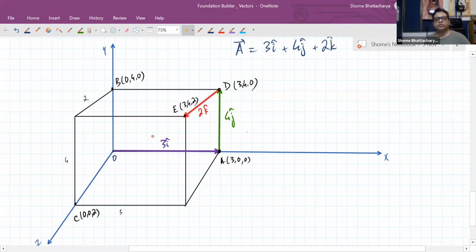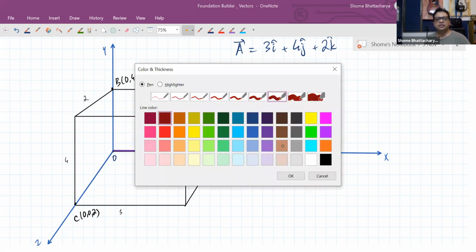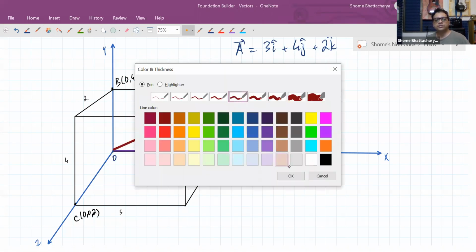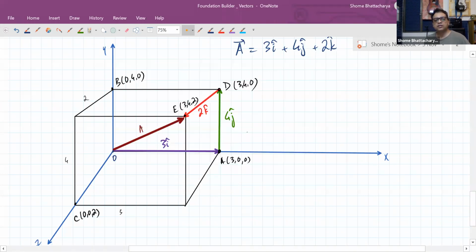So I'm starting from the origin, and after completing the displacement of 3 I cap plus 4 j cap plus 2k cap, where I'm reaching? I'm reaching the point E. So in all of this, what is my resultant vector, which is A, which is the sum of all these three? It is nothing but from my initial point O to my final point E. So this is becoming the vector that I was looking for in the first place. This is the vector E, which is given by this equation.